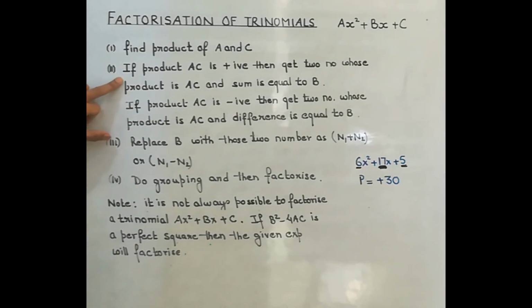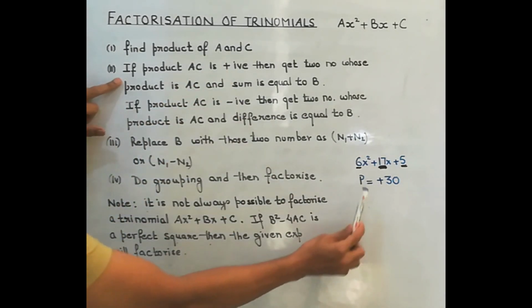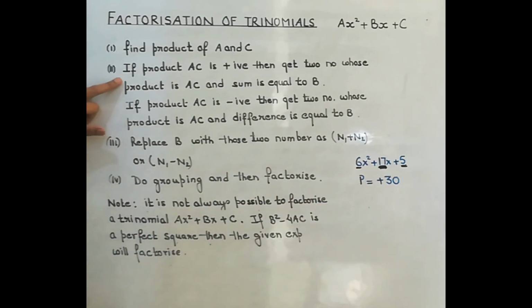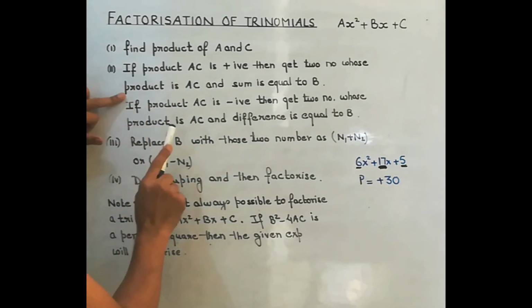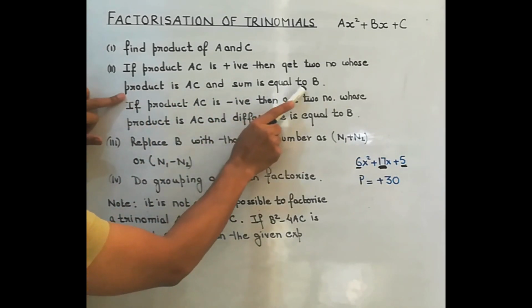If product is positive, then you will find the two numbers whose product will be AC, but their sum will be equal to B.